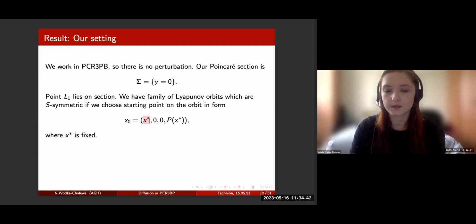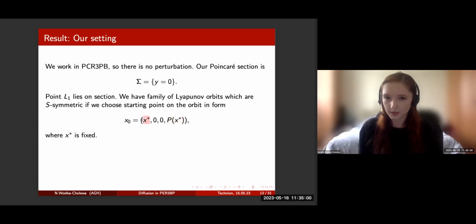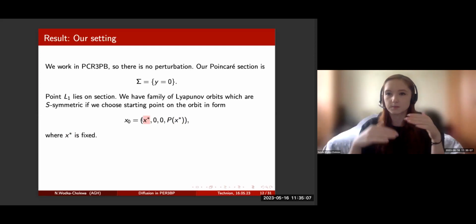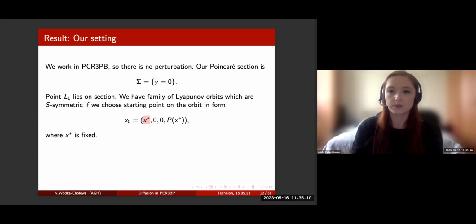You have x star, and some py coordinate. It's some function that depends somehow on the x coordinate, right? So it's some function and some value. And you can calculate it. And here we choose this value x star. So this will be the starting point. As you see, the y coordinate and px are 0. So we can obtain this symmetry for our orbit. So it's easier to calculate, and it's easier to obtain the orbit.